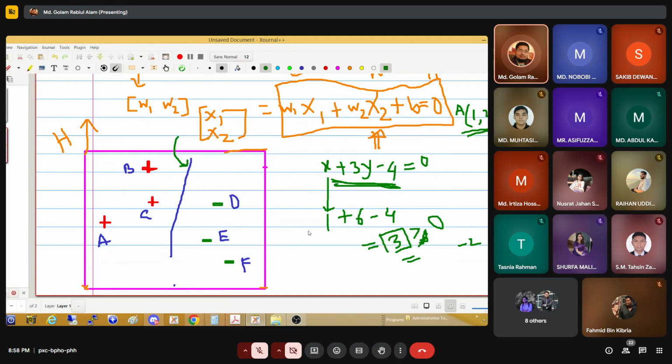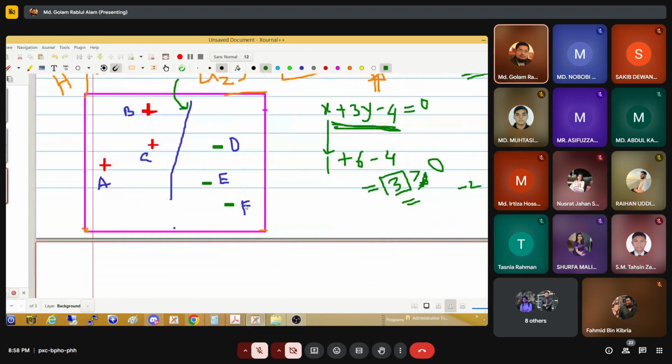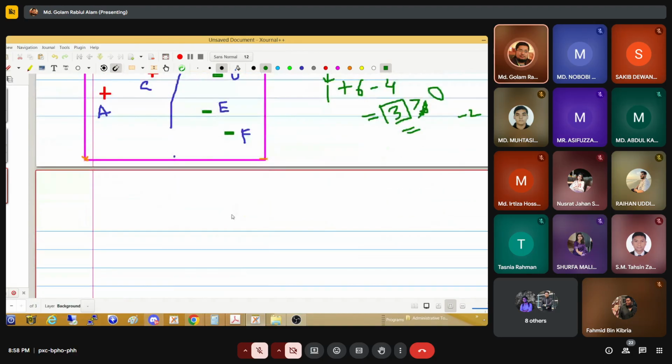So the same thing we want to apply to the case of our hyperplane. We have a hyperplane, that is W transpose x plus b.